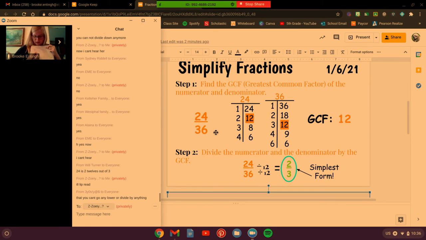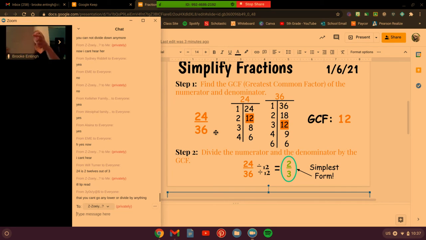So then I would go ahead and divide them both by 2. It's hard doing this upside down. Nope, that's a 6. I divide them both by 2, and 4 divided by 2 is 2. 6 divided by 2 is 3. That would get me 2 over 3.